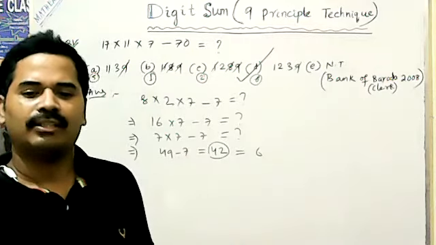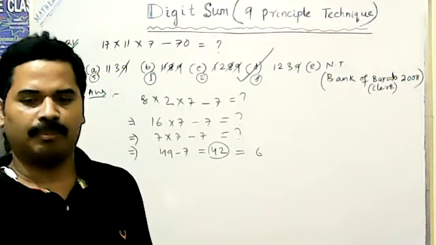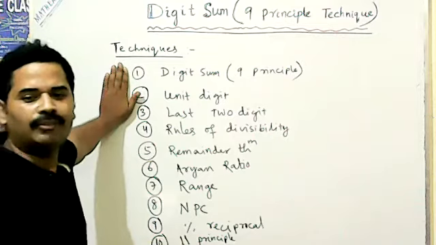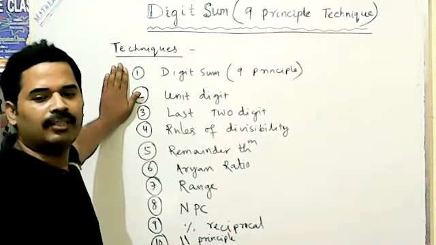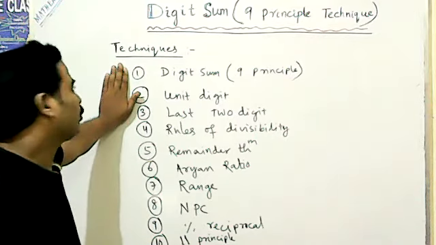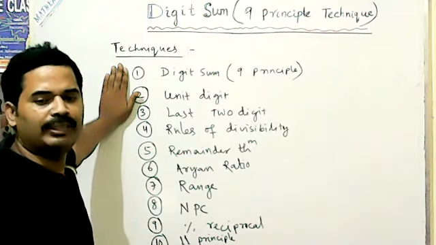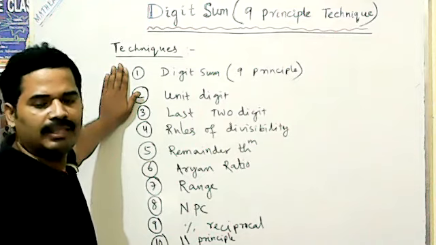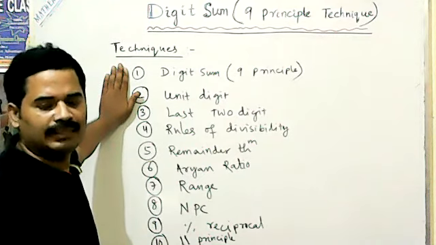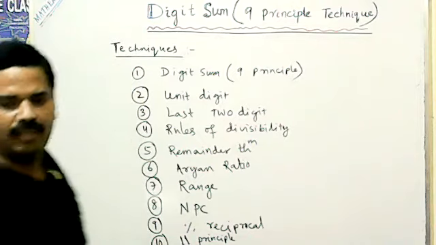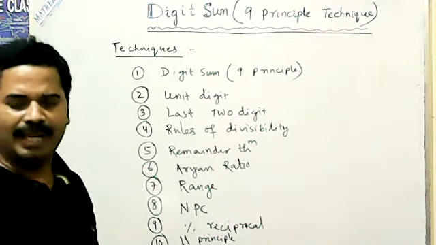Now take the next example. These principle techniques are used for finding shortcuts in addition, subtraction, multiplication, division, percentage, simple interest and compound interest, so you can calculate by an easy and very fast process if you practice.